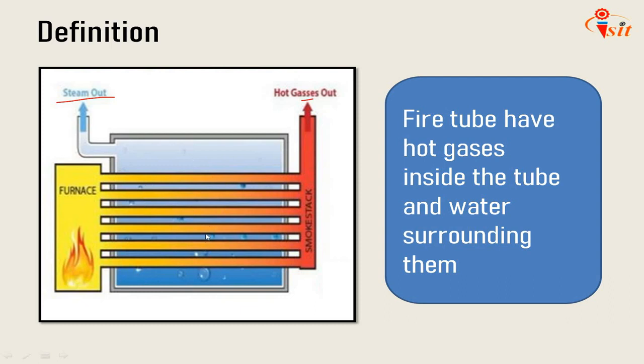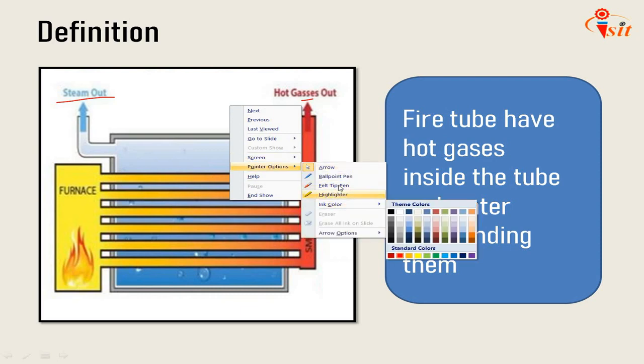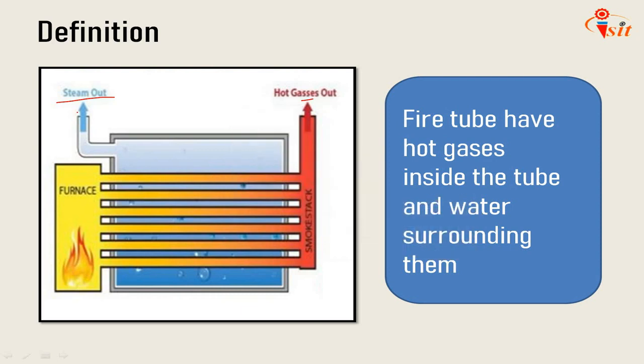So here water will absorb heat from the flue gases through the tubes, and it converts into steam, which is released from the other end, which is steam out. This is steam out, hot gases out. So this is a smoke box, from which the hot flue gases are released to the atmosphere.